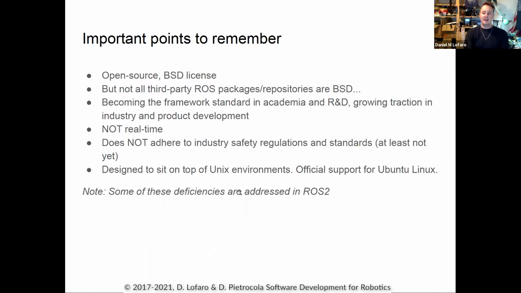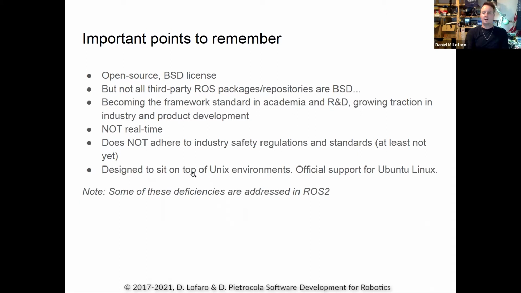And it is designed to work with Unix environments, and it supports Ubuntu Linux. ROS2 is a little bit different, and it supports Mac, Windows, Linux, and it uses a different message passing platform, which we'll talk about in our last lecture. I've become a relative fan of ROS2.